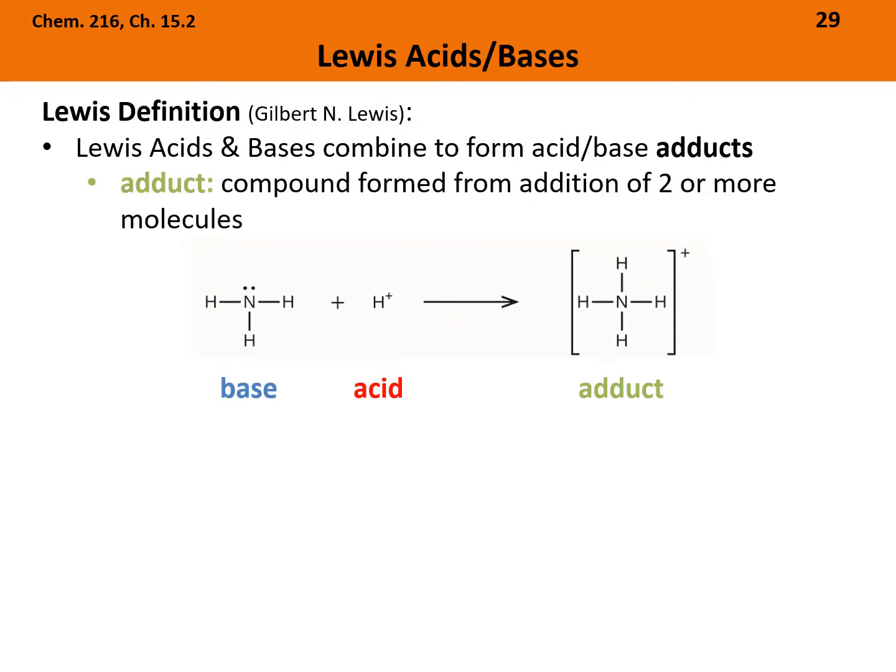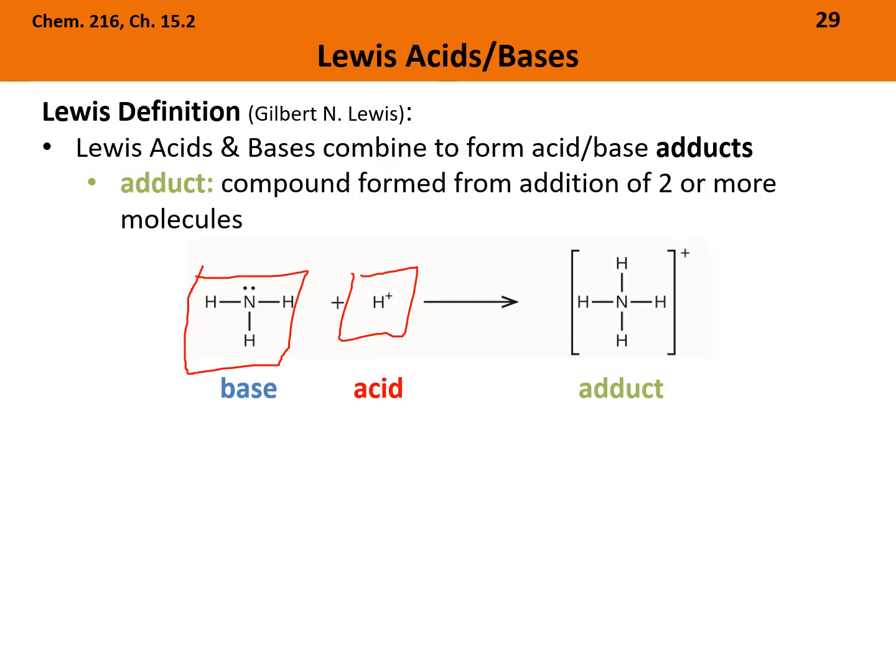Okay? Let's see what this means. Let's say I have NH3 and H+. Okay? And these two things come together to form what's called an adduct, NH4+. Okay? An adduct is when I have 2 or more compounds or 2 or more molecules coming together to form a molecule. Notice what happens.